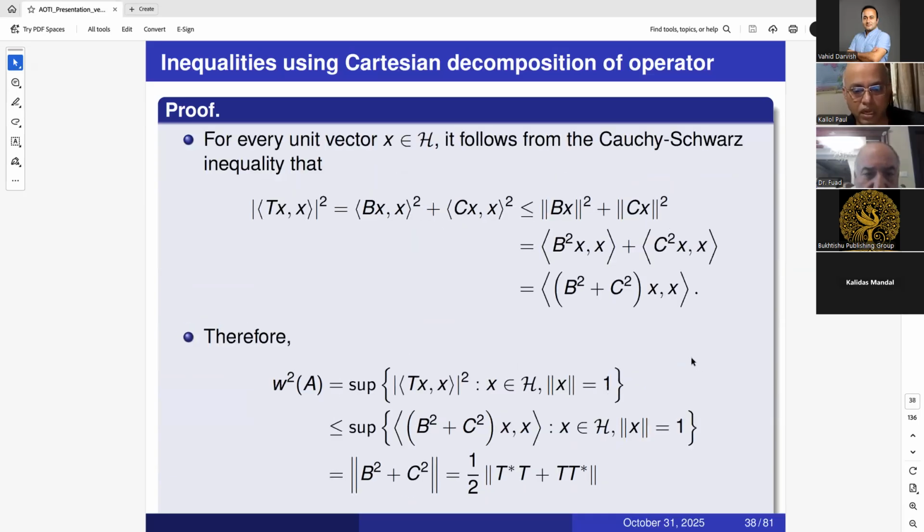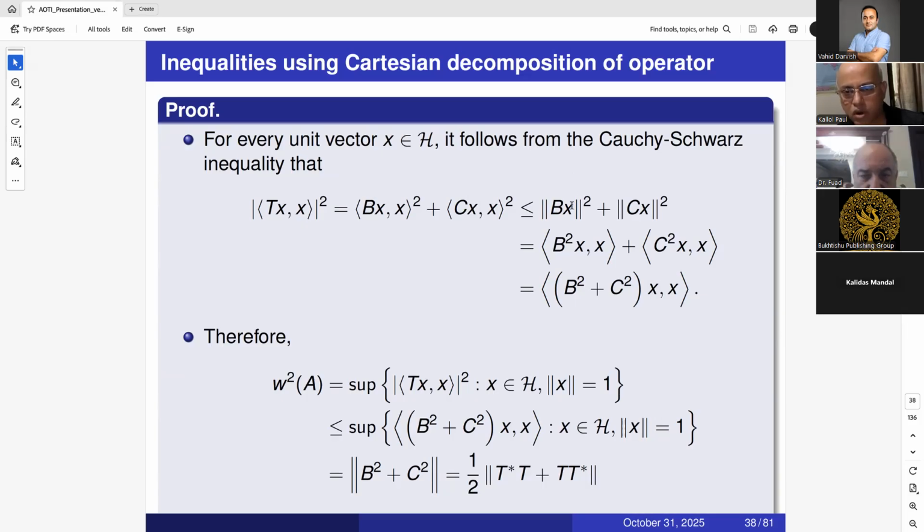And if you look at the other way around, then again you come to this |<Tx,x>|². Here we will be using <Bx,x>² plus <Cx,x>². That is less than or equal to, yeah, in this step we are using the Cauchy-Schwarz inequality, right?